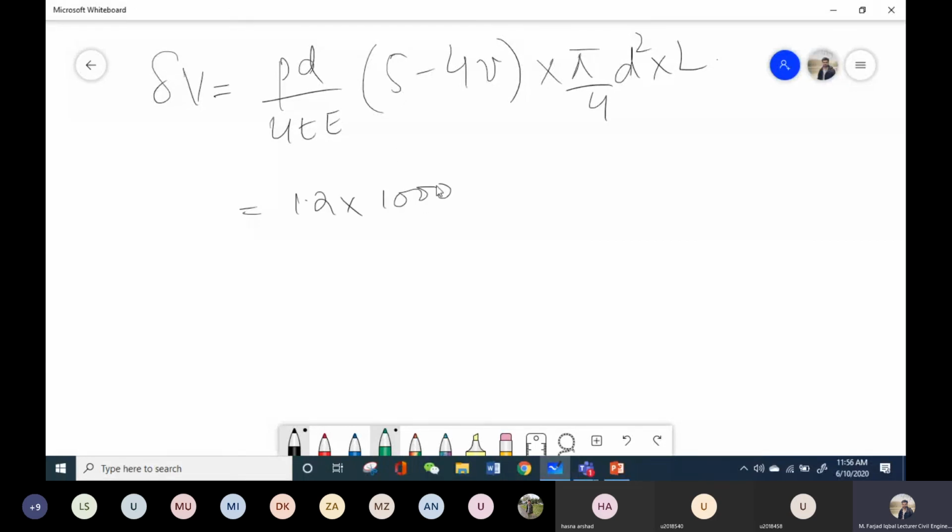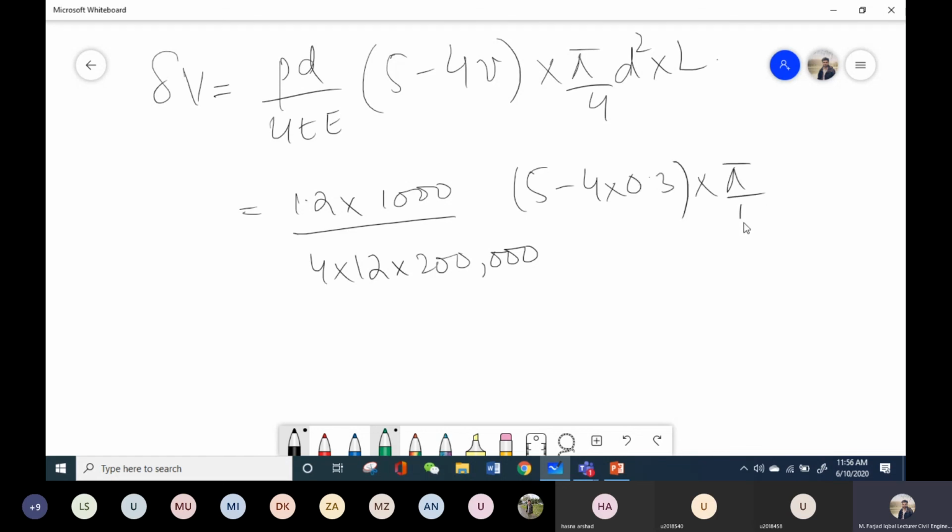The original diameter is 1000. 4 times thickness multiplied by E, that is 200. 1005 minus 4 into 0.3, multiplied by pi by 4. Diameter is 1000 whole square and the length is 3. So the change in volume is what?